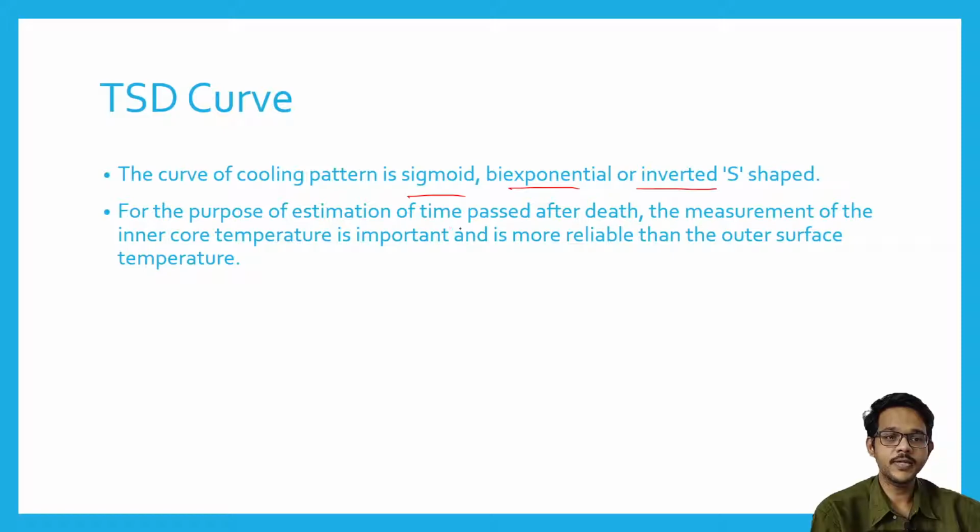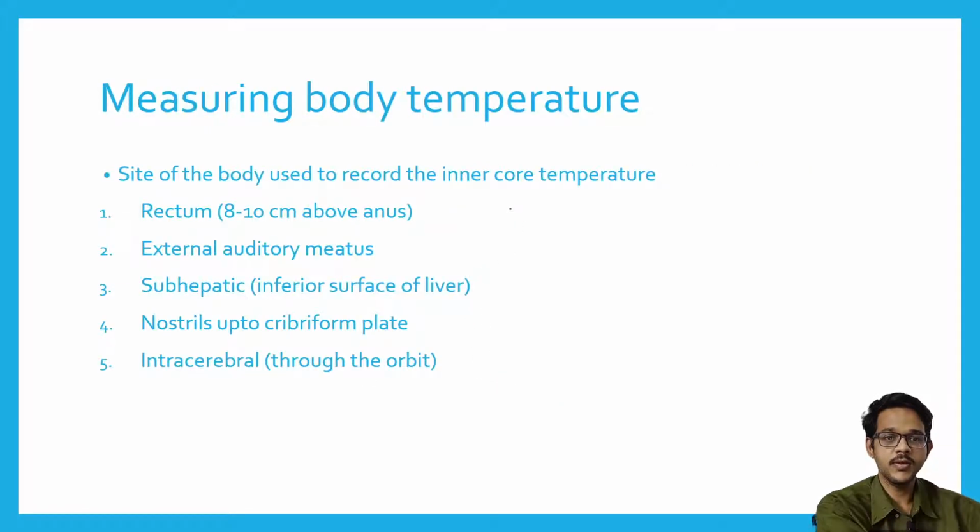For estimation of time since death, measurement of the inner core temperature is more important and reliable than the outer temperature. Different parts of the body can be used for measuring, like the rectum, external auditory meatus, subhepatic region, that is the inferior surface of the liver, nostrils up to the cribriform plate, and intracerebral through the orbit.